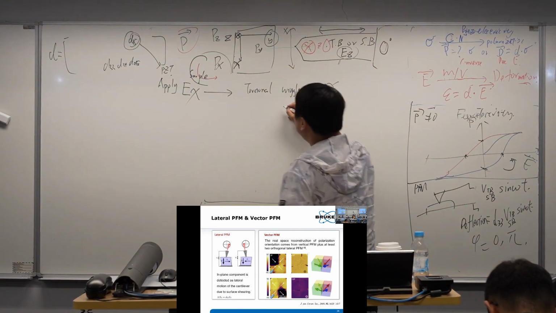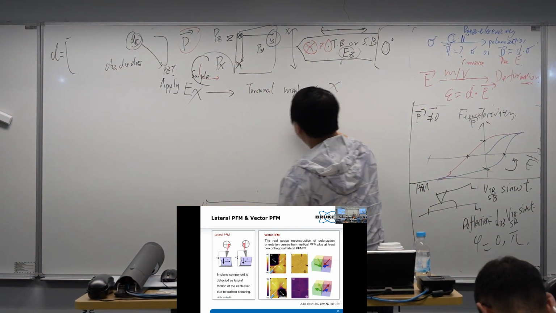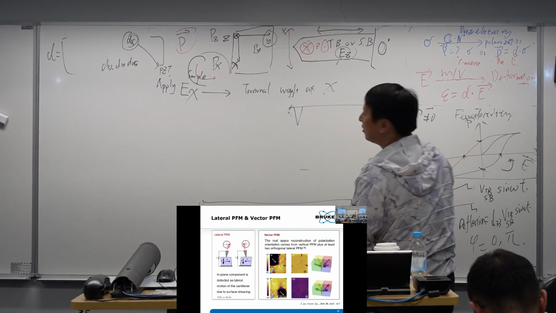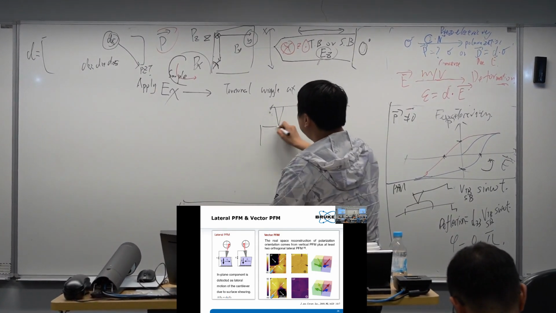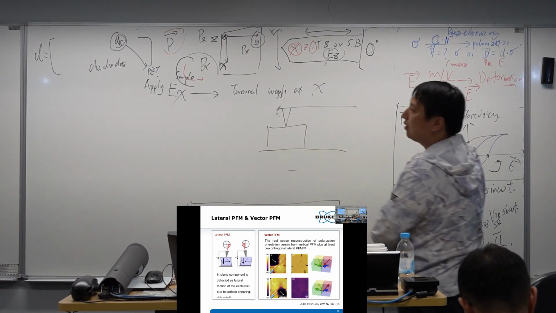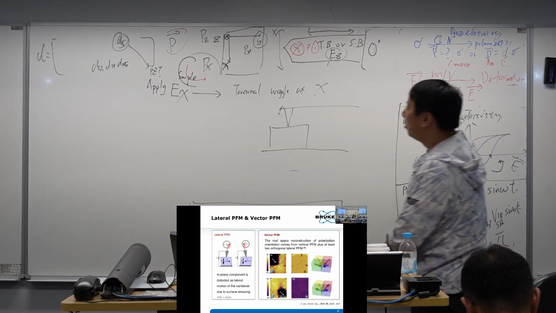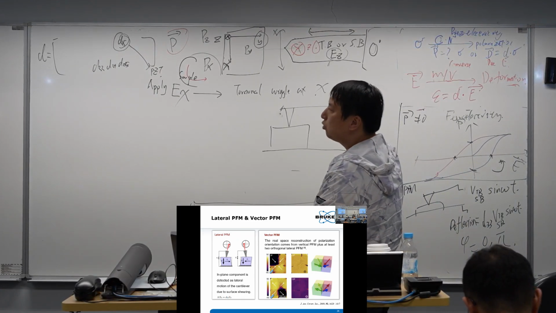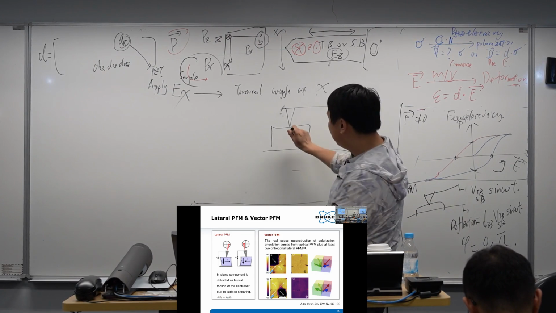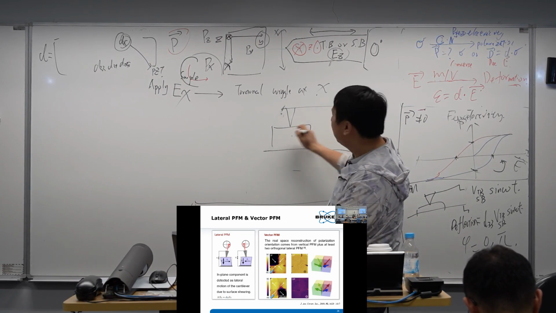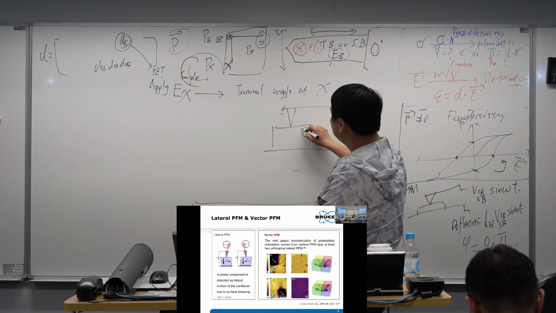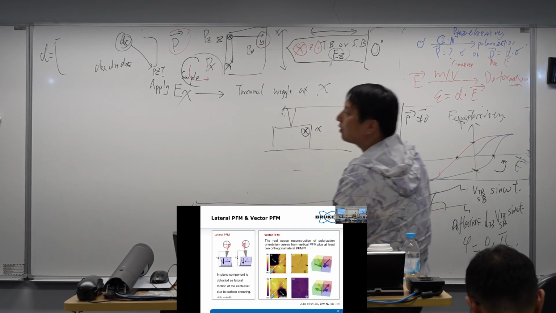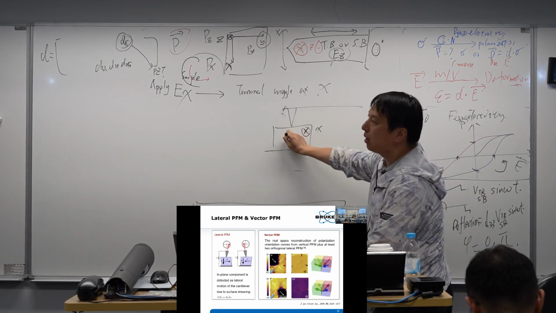So we can still do the AFMs, we can still do the PFMs. That's our probe, that's our crystal, or that's our structure. So we want to detect the X direction. Now the X direction is this way, perpendicular to my board.